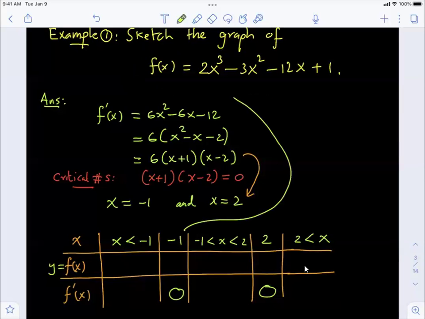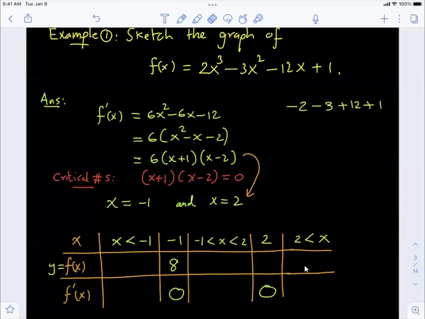Plug -1 in the position of x. Wherever you see x, plug it in there and see what you end up getting. When you do the computation, it's going to be -2 minus 3, and then positive 12 and plus 1. Now simplify this. If you simplify this, you can clearly see it turns out to be just 8.